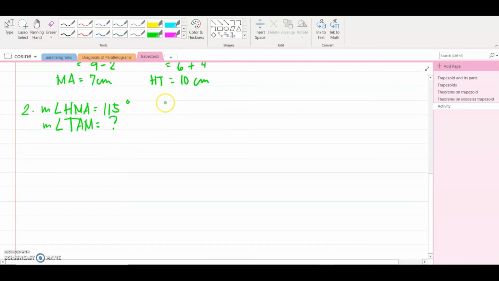Angle M, the middle letter of this angle name, and angle A, the middle letter for the angle TAM, are both base angles. And we know, according to the theorem of isosceles trapezoid, the base angles are congruent.